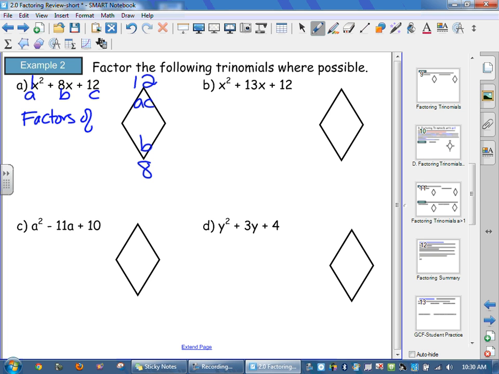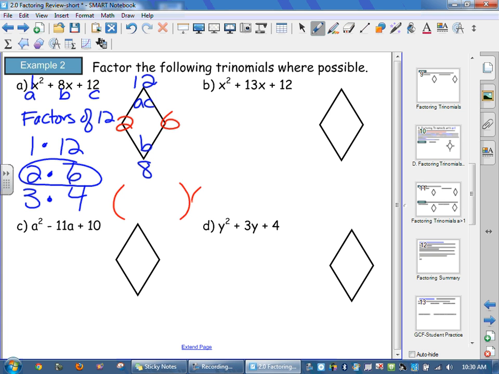Which ones add to 8? 2 and 6. That's why I'm going to choose the 2 and the 6, because when I add them, they give me the bottom number. So the wings of my diamond become a 2 and a 6. Now you're going to open two brackets. X starts your brackets. The 2 and the 6 go at the end. And again, they're positive, so put a plus sign between them.